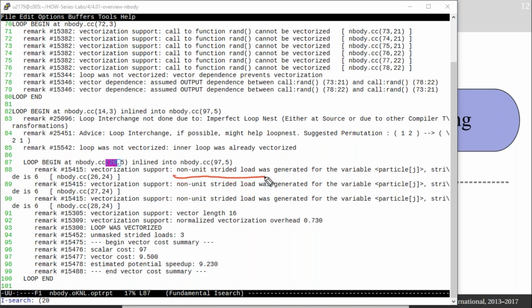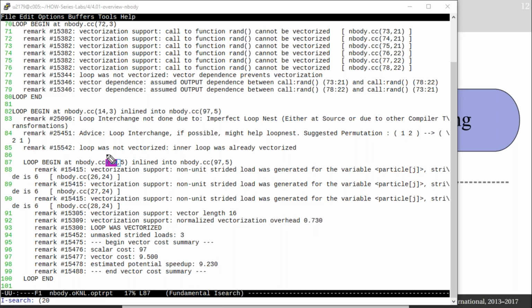Non-unit strided load for variable particle of j with a stride of 6, and this happens in lines 26, 27, and 28. I also see very high normalization overhead and the estimated potential speedup much lower than 16. This tells me that I need to pay attention to vectorization.